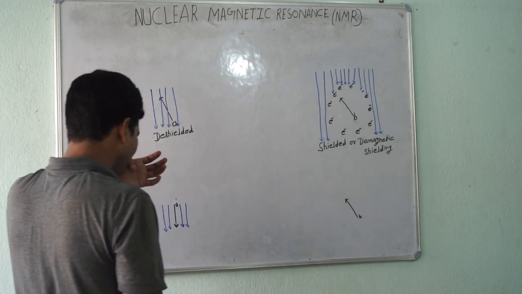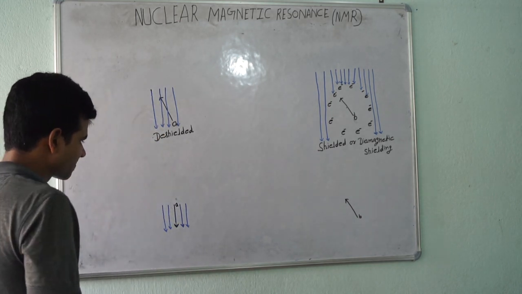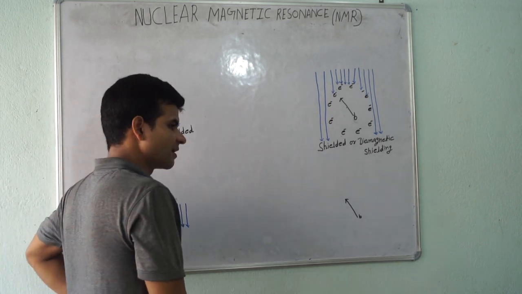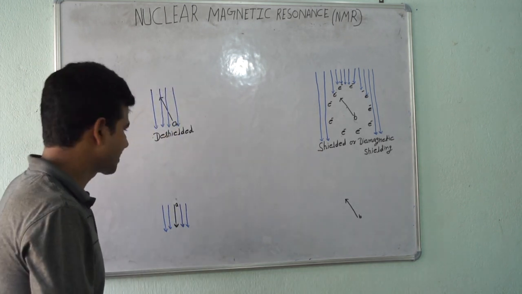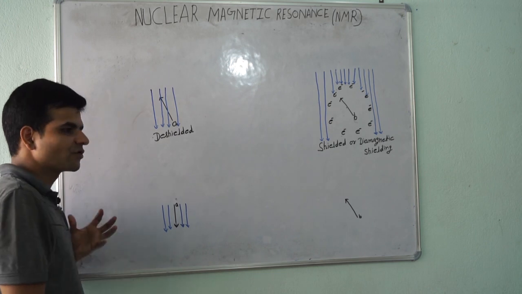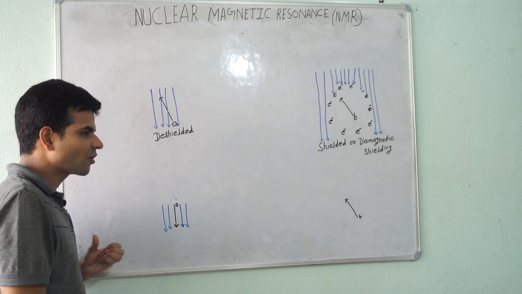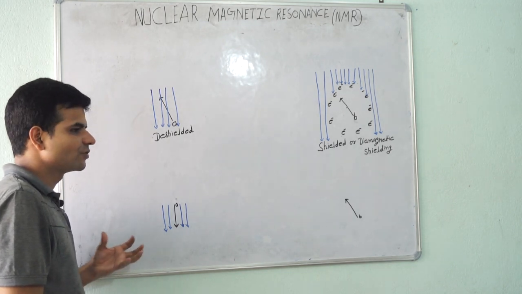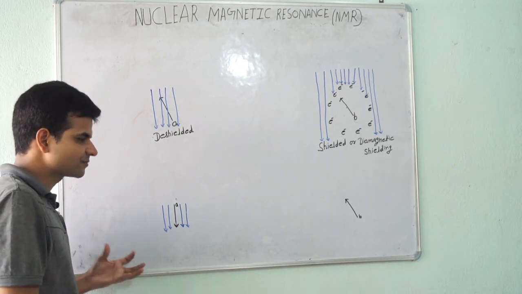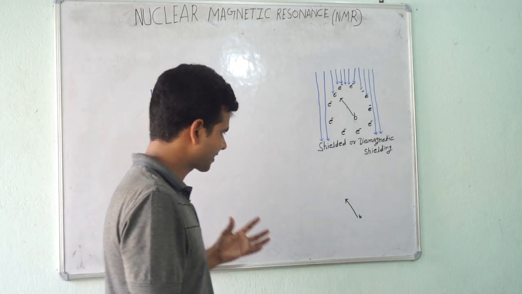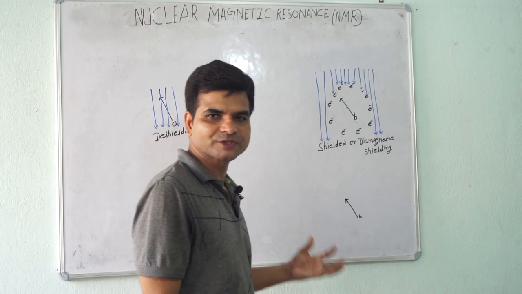Now come to the second step of NMR. I told you in the second step we want to bring all hydrogen atoms into beta spin. What is the main target of the second step?